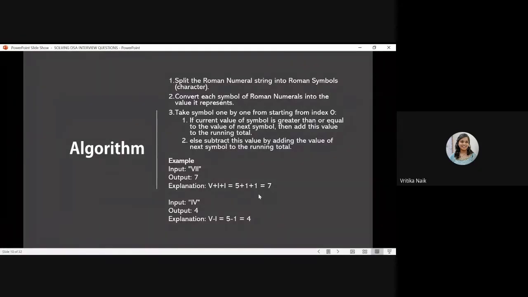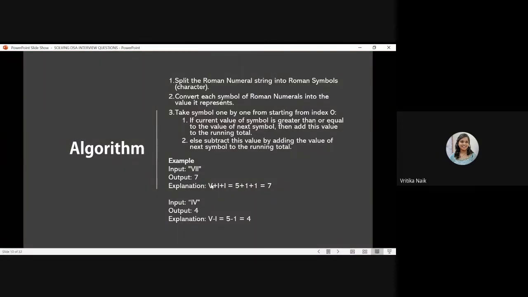Once that is done, you have two conditions to check. Always start from index 0, which is the first one. When I'm here, I check how the next one is related to me. If it is smaller than me, I'm going to add it.